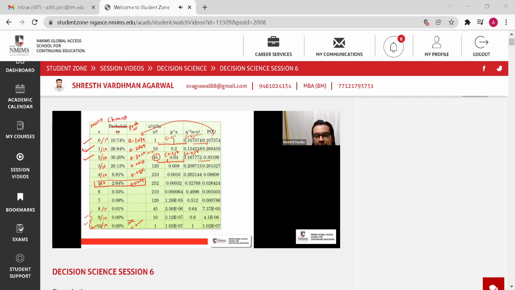That means he can't get more than 2 marks. Rajdeep, that's the probability that he would get exactly 2 marks. You need to add up to 2 marks. You need to add these 3 values.